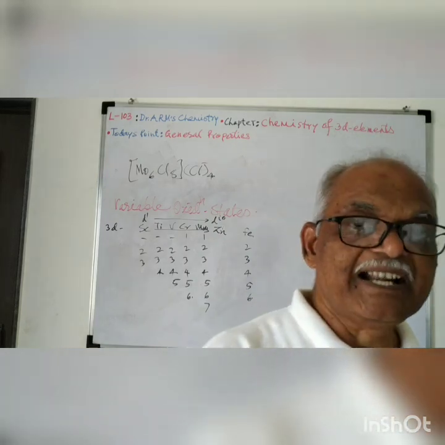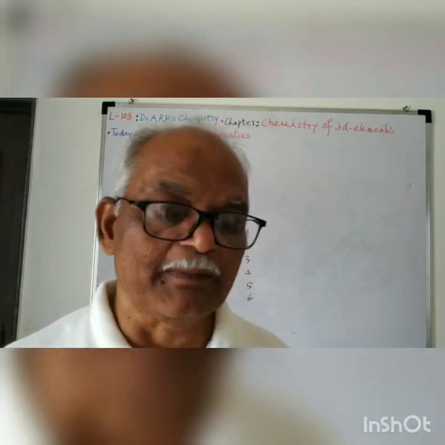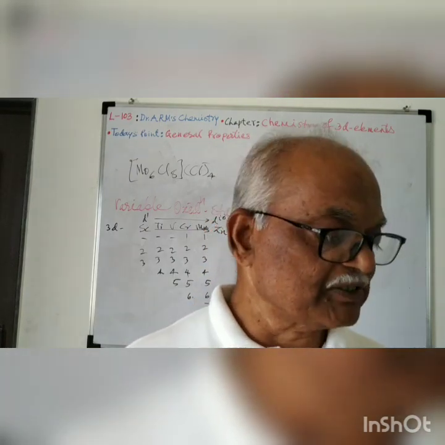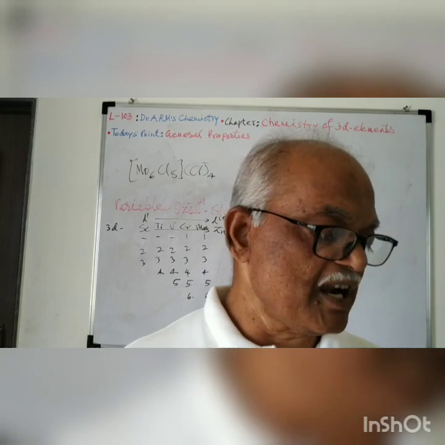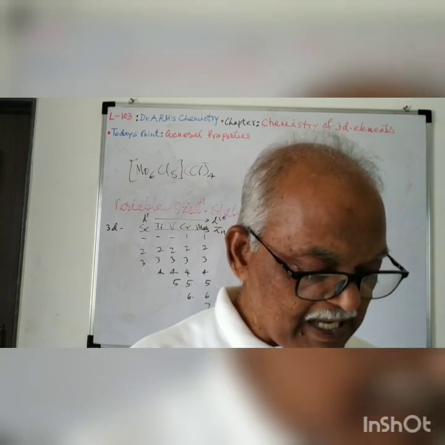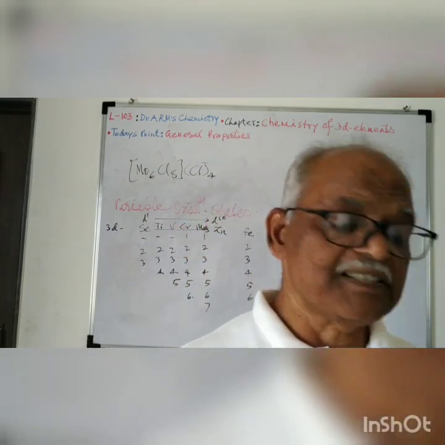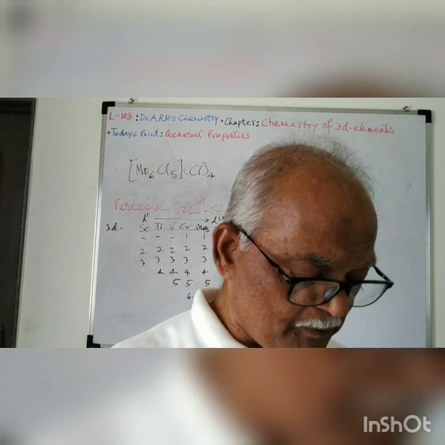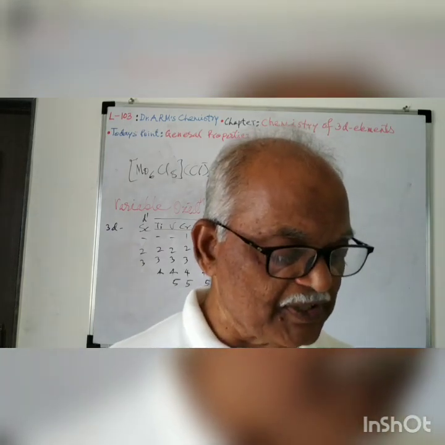Similarly, the 5D series also gives variable oxidation states, out of which lanthanum gives only plus 3. Hafnium has 3 oxidation states, 2, 3 and 4. Tantalum has 4 oxidation states, 2, 3, 4, 5. Tungsten has 2, 3, 4, 5, 6. Rhenium has 1, 2, 3, 4, 5, 6, 7.